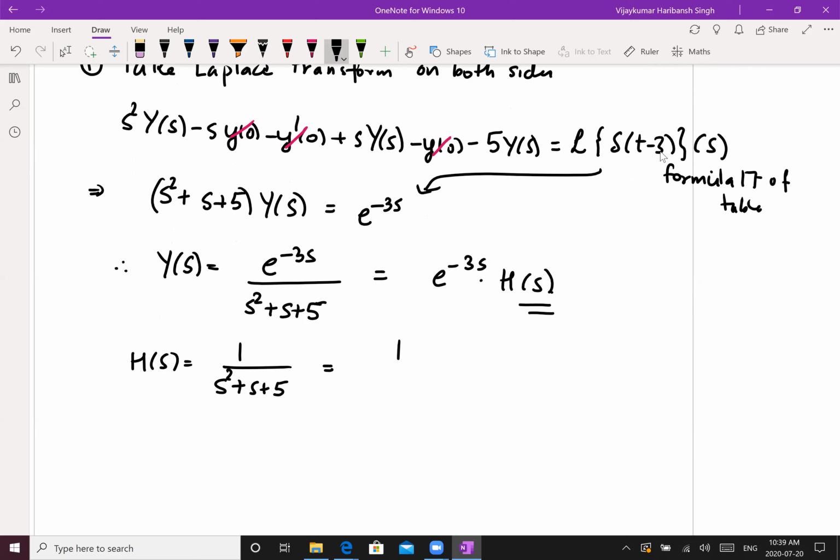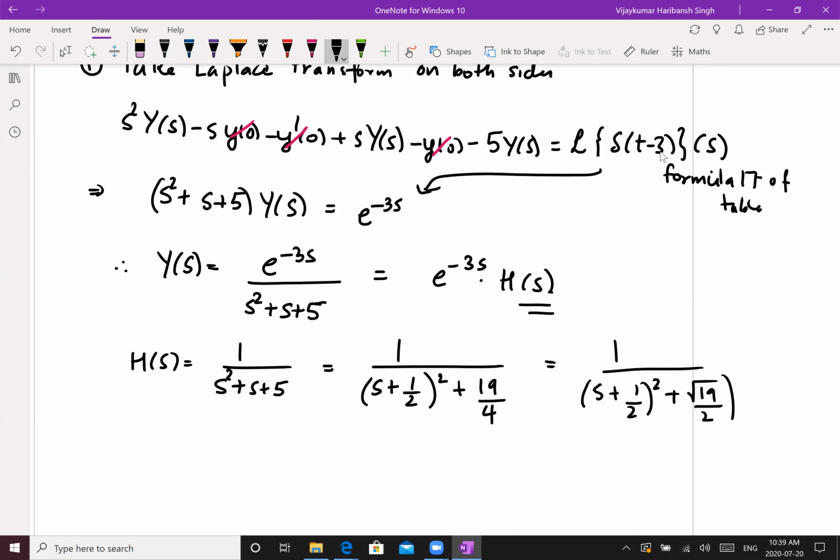If you complete the square, this is (s plus 1 by 2) squared plus 19 by 4, which can be seen as 1 by (s plus 1/2) squared plus (square root of 19 by 2) squared, right? Because we are going to use the sine.